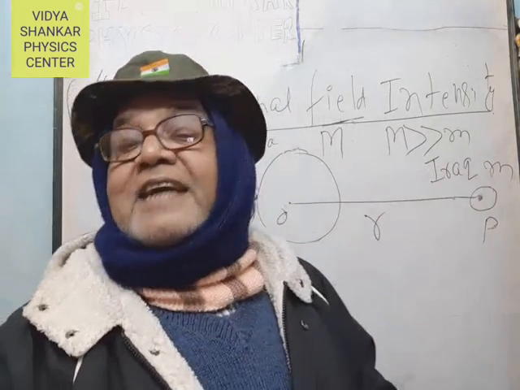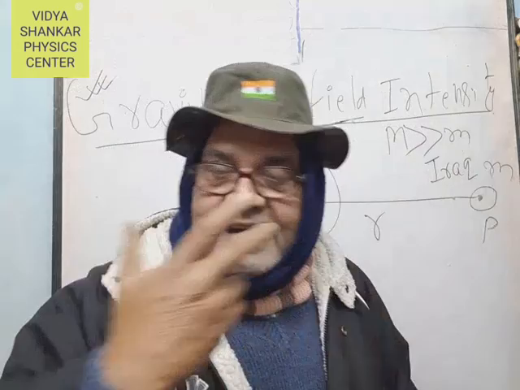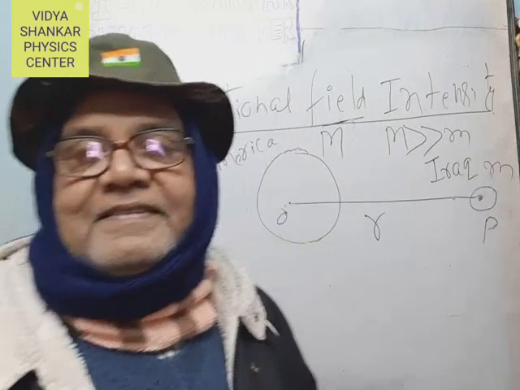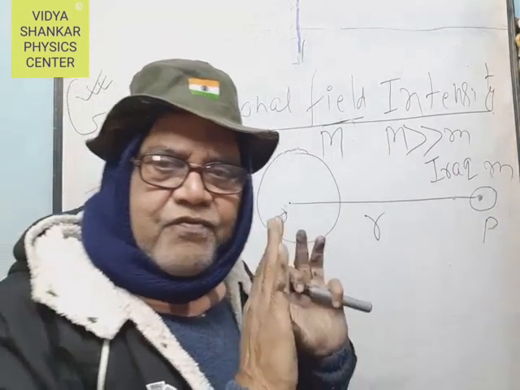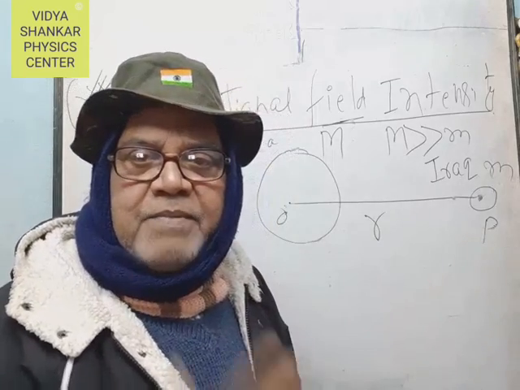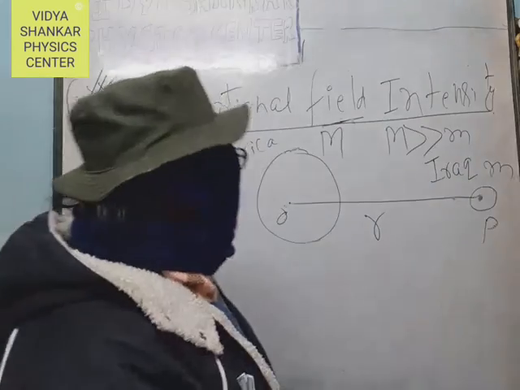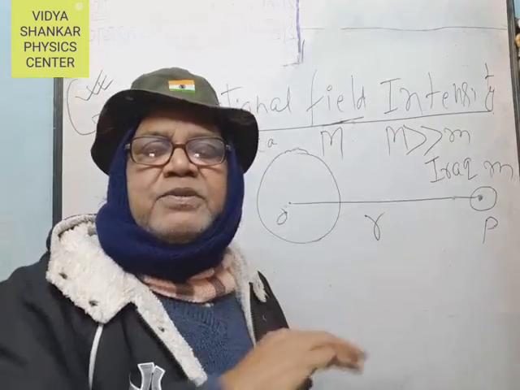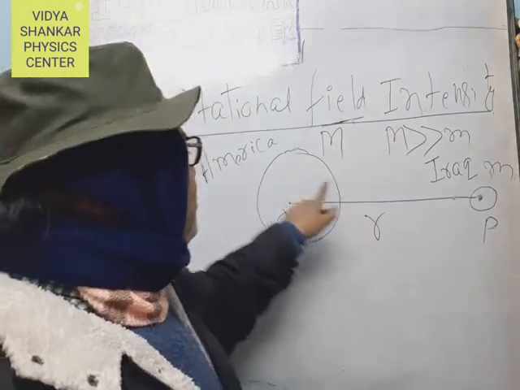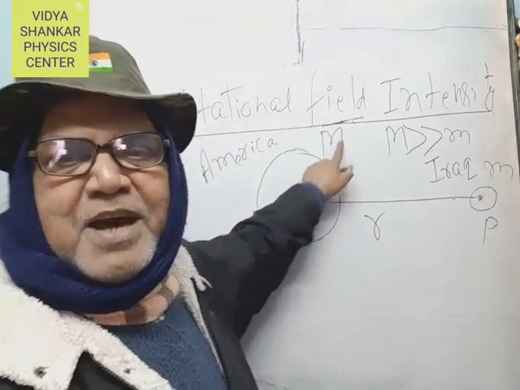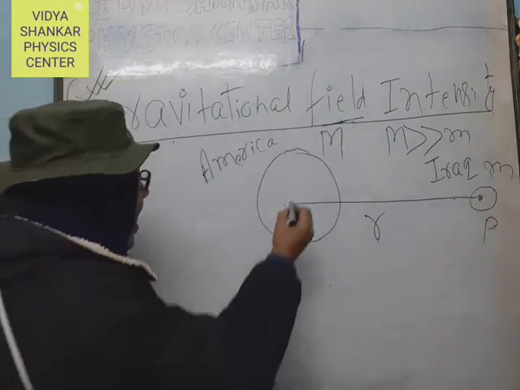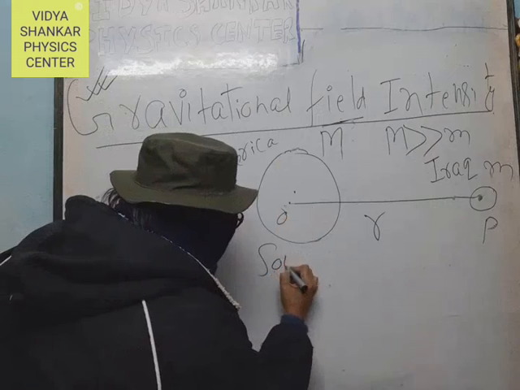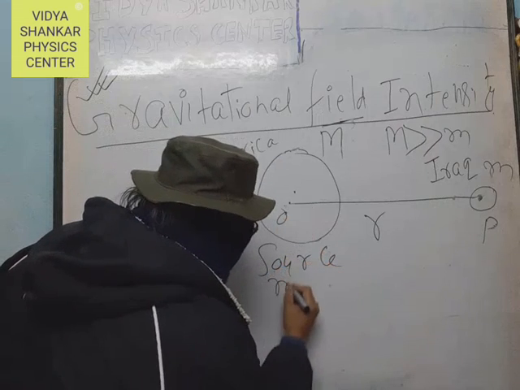Iraq is attracted by America. America exerts force on Iraq, having mass small m, and the mass of America is capital M. There is a formation of the gravitational field due to the big body having mass capital M, and this mass is called the source mass.